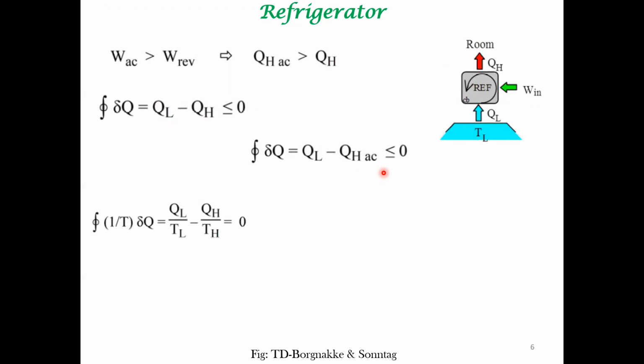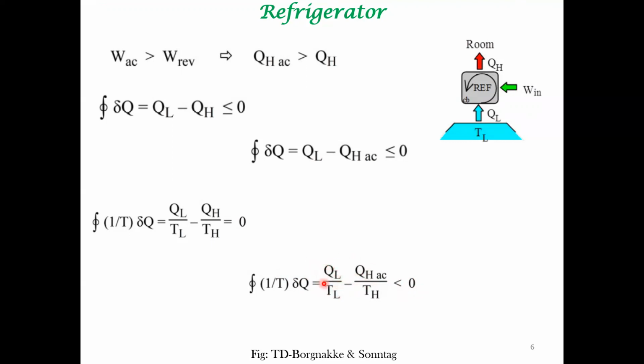But what is different again, just as we saw in the heat engine analysis, is that this is true for a refrigerator as well as a heat pump. But incorporating this inequality and putting this together, when you add up both these quantities, this is less than 0. So how do you interpret this negative sign?